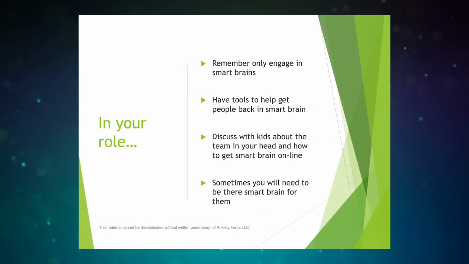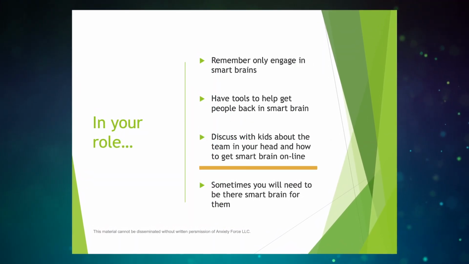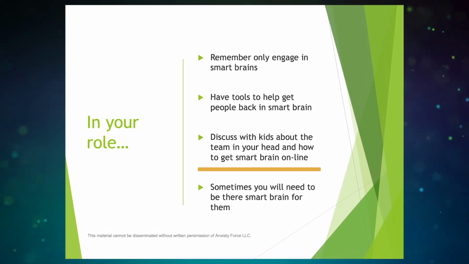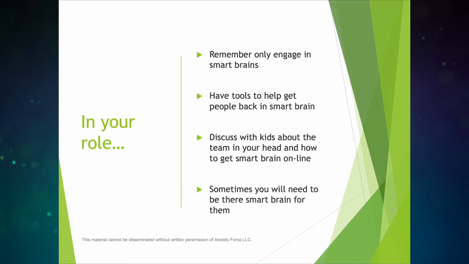And another thing as a parent, start to discuss this notion with them and build more time to practice with the team in their head that they need these tools to have smart brain come on, and let's practice to make sure.